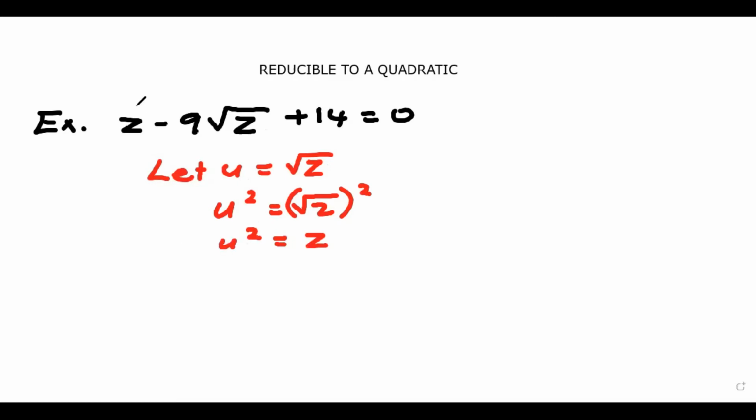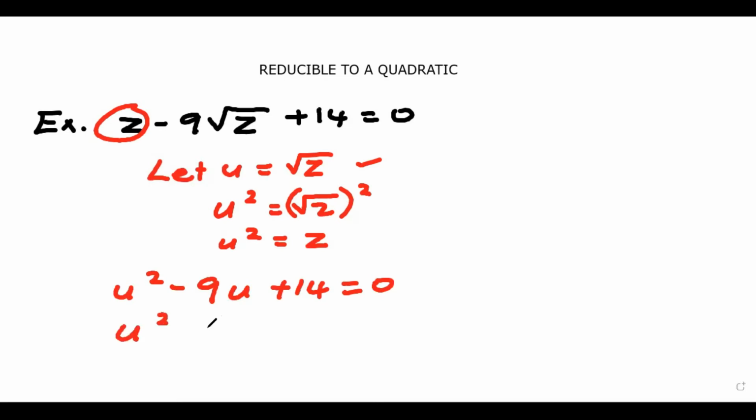So now we have u squared minus 9, and root z is u, plus 14 is equal to 0. Now this is in the form of a quadratic. We would have u squared minus 7u minus 2u plus 14 is equal to 0.